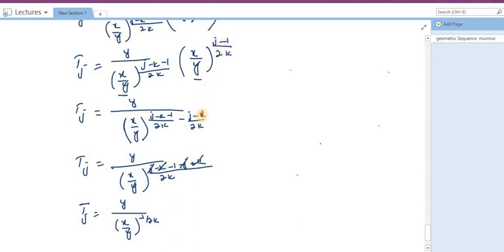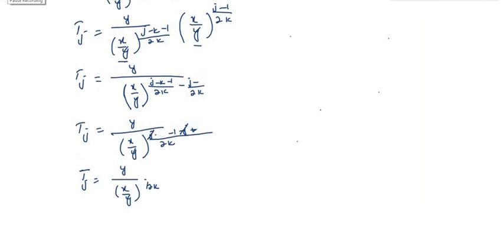So this is j minus 1, and j minus k minus j plus 1. Minus 1 is cancelled with plus 1. So we get minus k upon 2k.